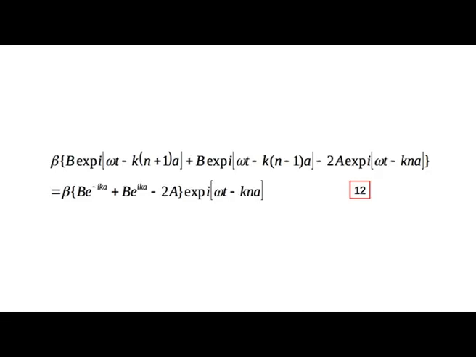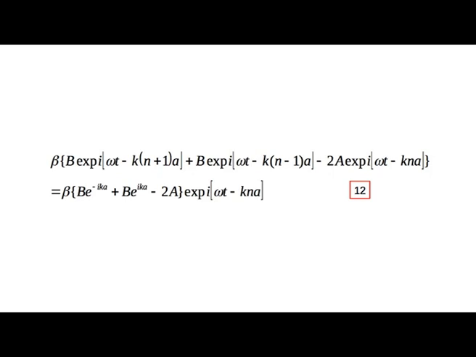So, in the right hand side of equation 9, we substitute UN plus 1 and UN minus 1, and on simplification we will get beta into B e raised to minus i k a plus B e raised to i k a minus 2 A exponential i omega t minus k n a, right. You can always try to derive it yourself.